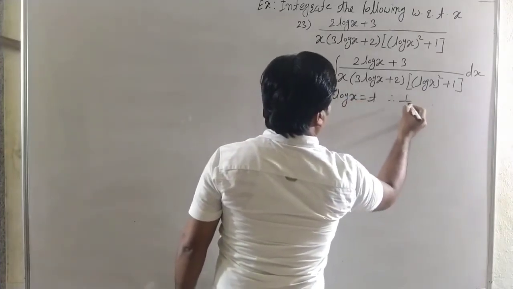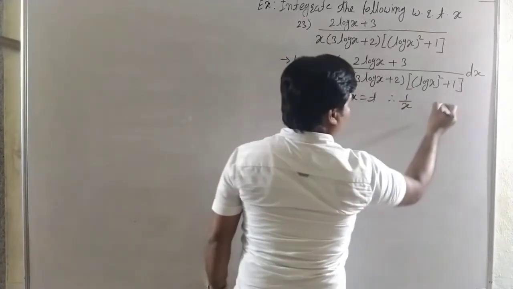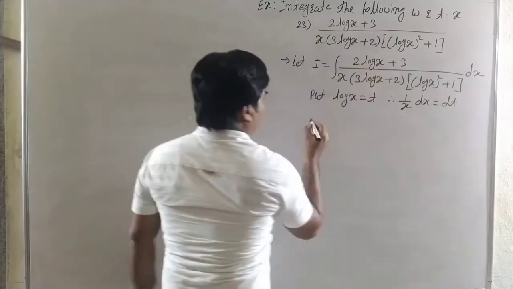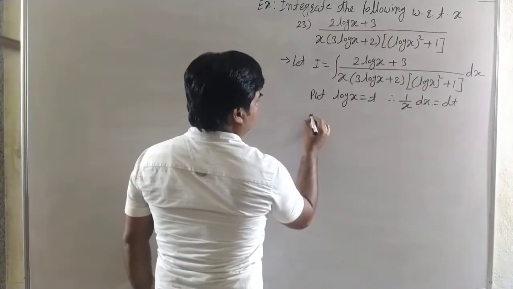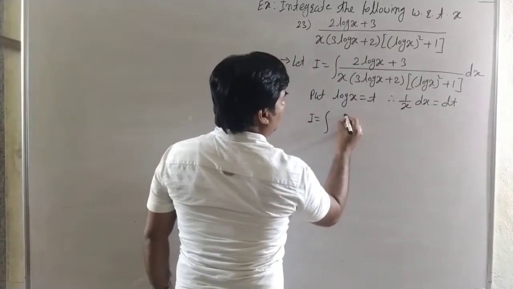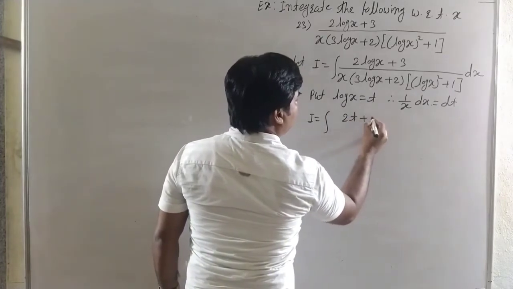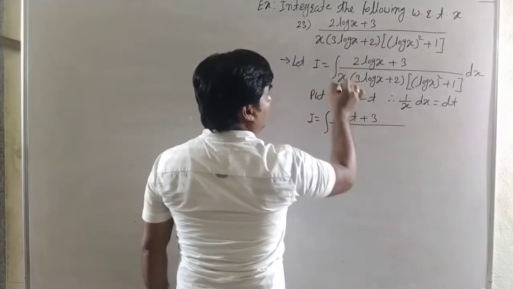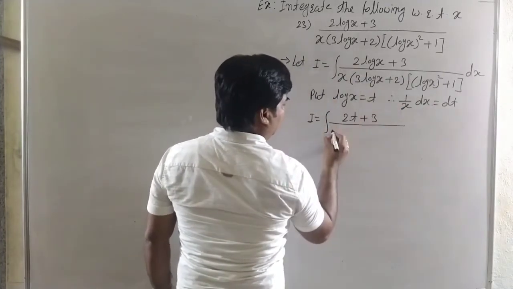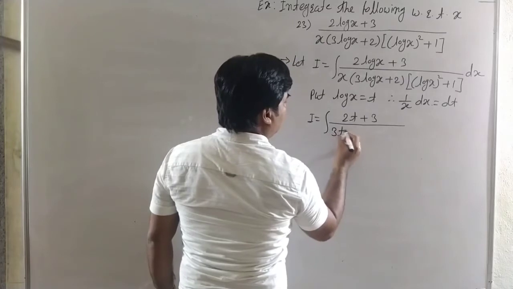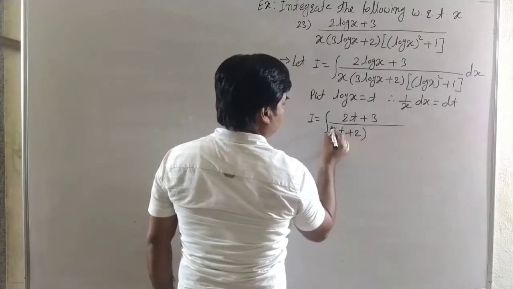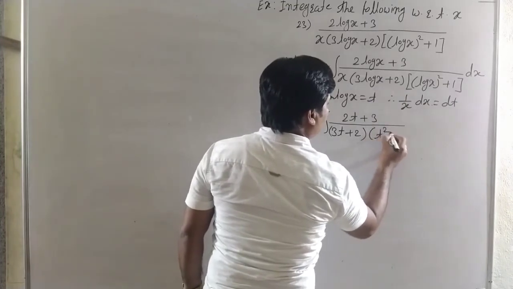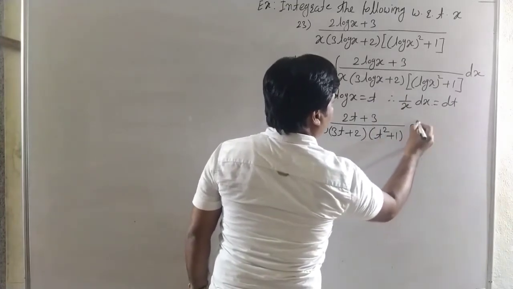Therefore we put the first substitution, put log x equal to t. Therefore the derivative of log x, 1 by x, is equal to dt by dx, that is 1 by x dx is equal to dt. And now our integral becomes 2t plus 3 upon, 1 by x dx we can write dt, 3t plus 2, and t square plus 1 dt.